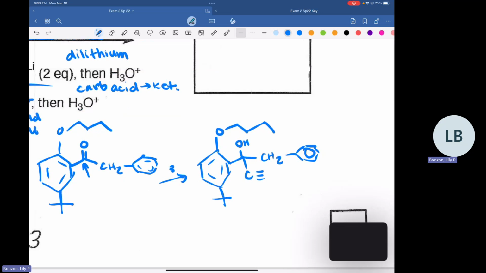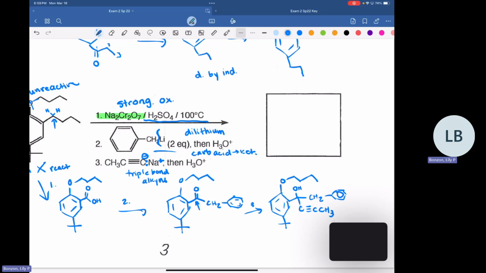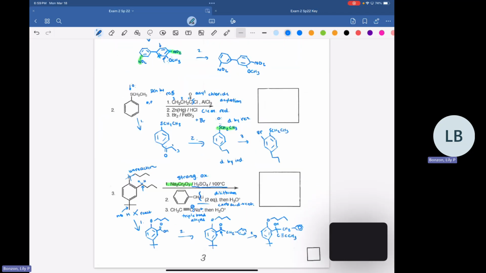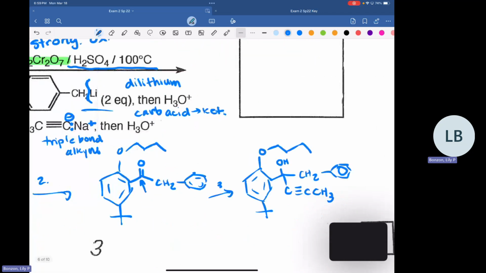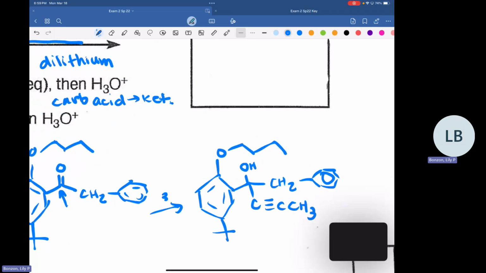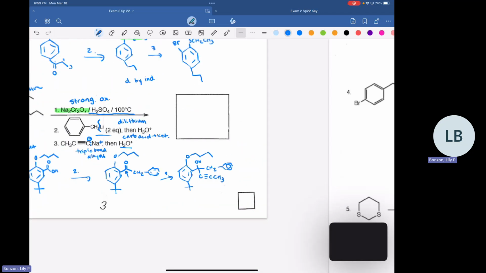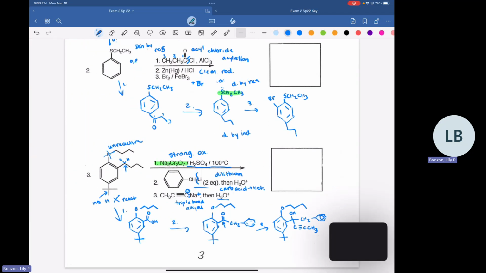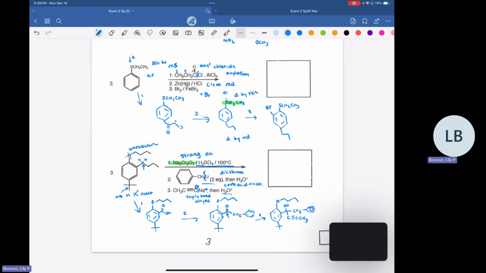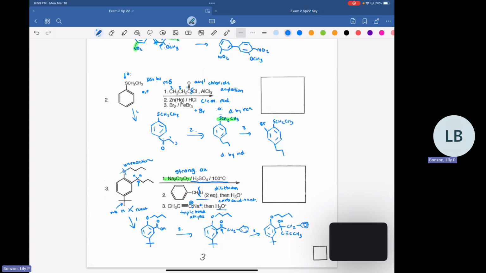So, okay. All right, good to go. And then again, the alcohol comes from the H3O plus step. That's just going to protonate the oxygen. Any questions on this one? No problem.